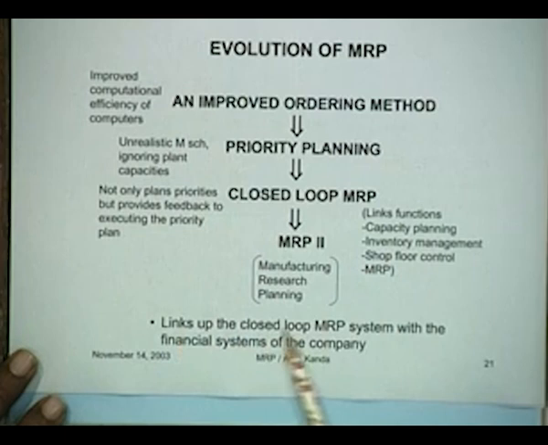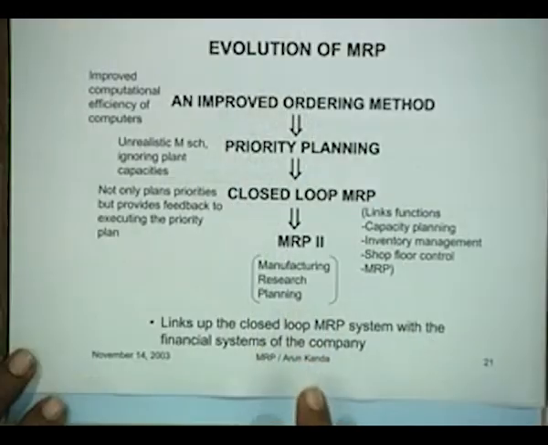So it links up the closed loop MRP with the financial systems of the company. In MRP, material requirements planning, we haven't done any financial linkages. So this links up the finances. So then it tells you exactly how material is flowing, at which point maximum value added is taking place, and things of that kind. That would be manufacturing resource planning, right? So we would talk about these kinds of things.